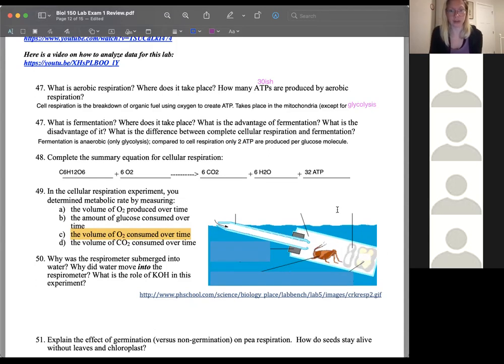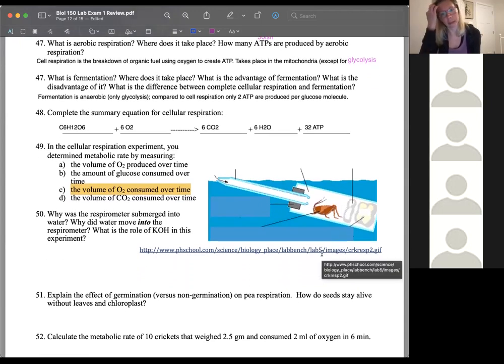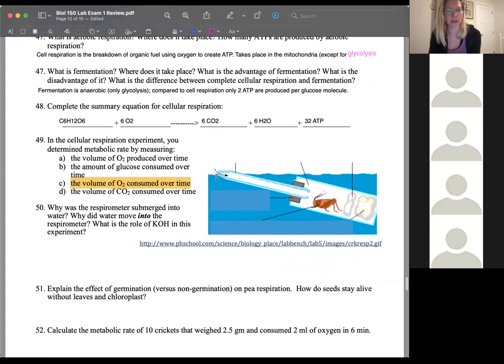And here's the basic setup of that respirometer. I don't think we need to label it because we're going to talk about it down here. So why was this respirometer submerged underwater in that bath? To seal the chamber and trap the air.